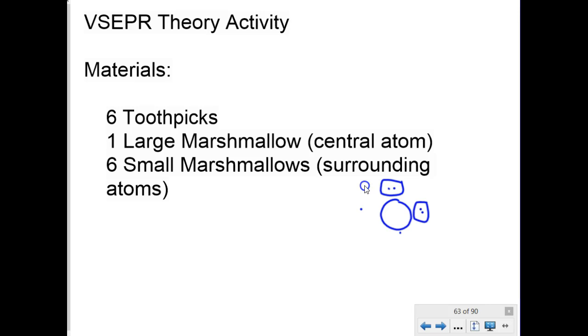If there is a small marshmallow on the end of the toothpick, this represents 2 electrons being shared with another atom. We call this a bonding pair of electrons.